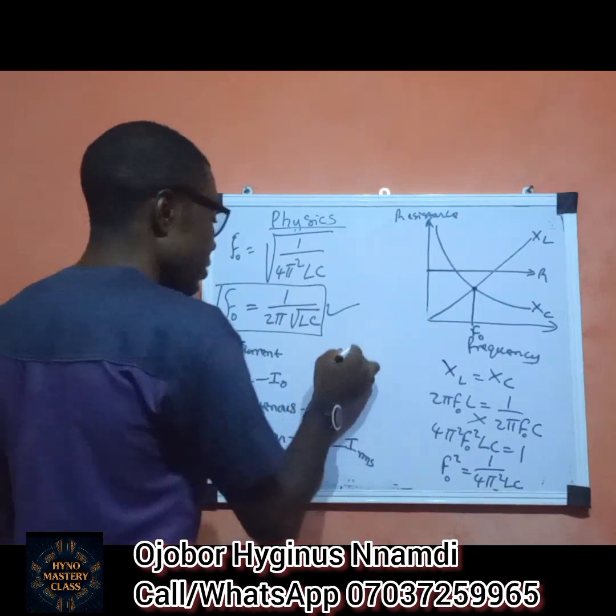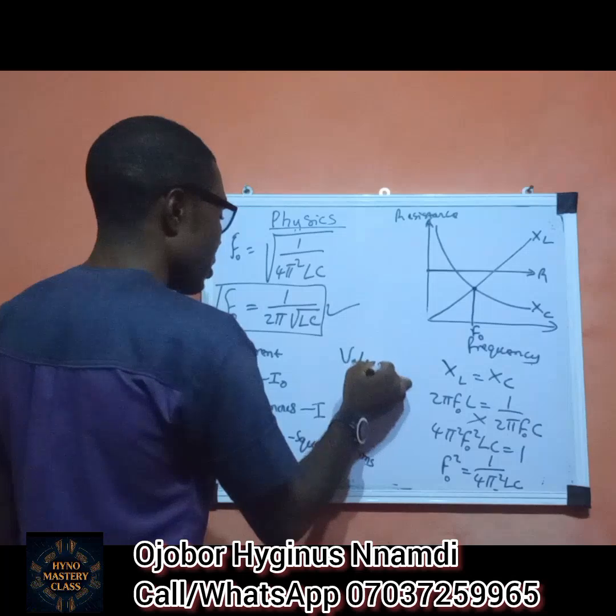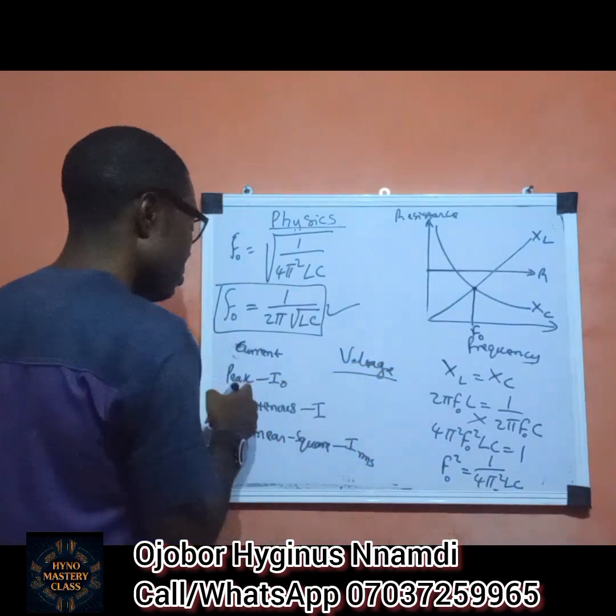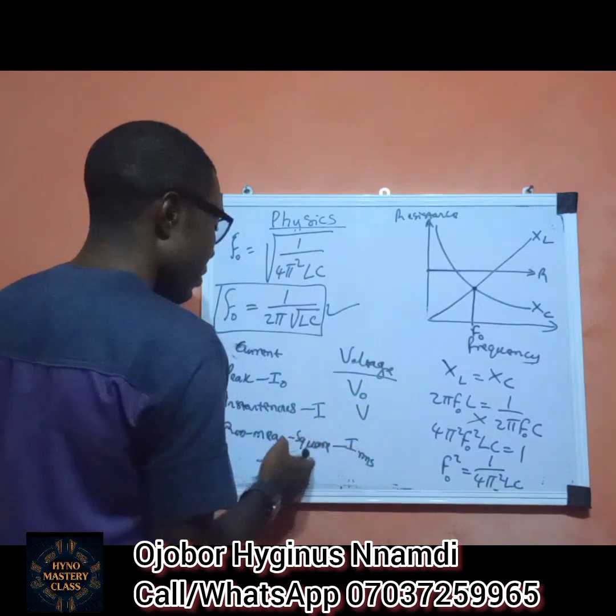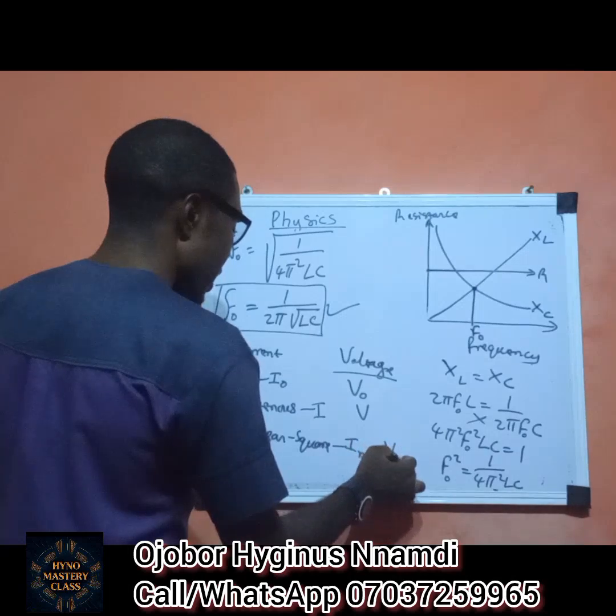The same thing applies to voltage. We have the peak voltage, which is V naught. We have the instantaneous voltage V, and we have the root mean square voltage V RMS.